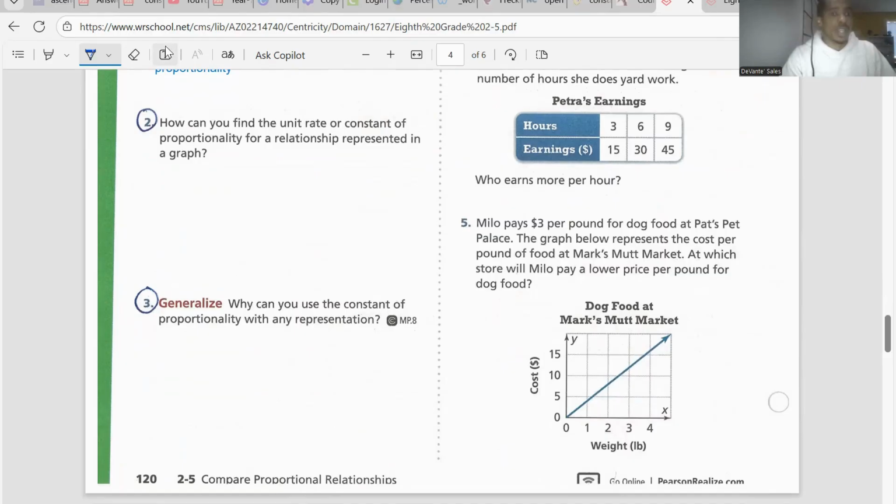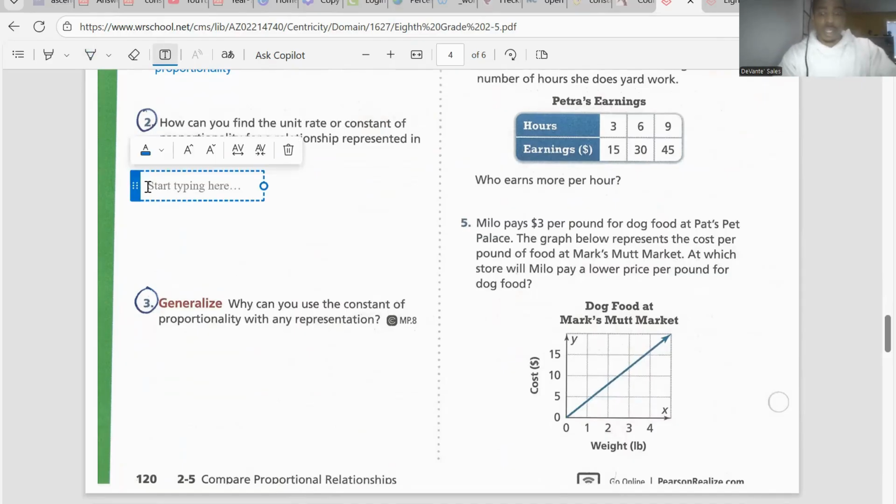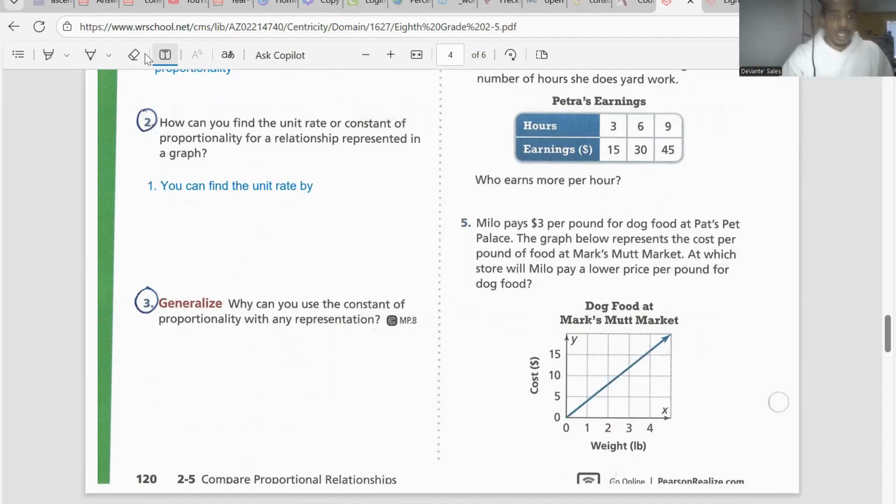One way that you can find those, so you can find the unit rate by dividing, then I'm gonna write this going vertically. You can divide y divided by x. So when we're dealing with a coordinate plane or with a graph, you can find your unit rate if you divide your y value by your x value.